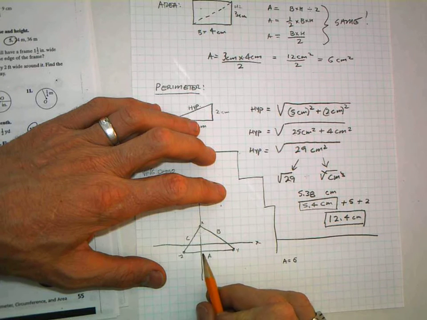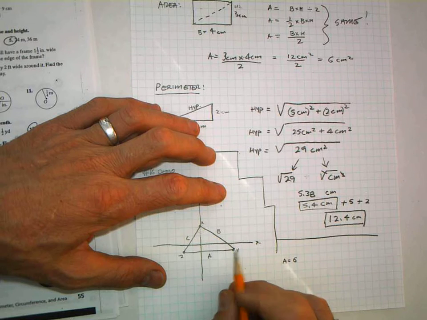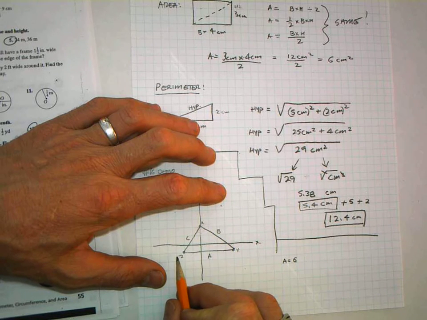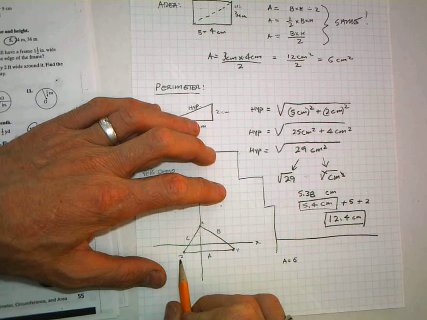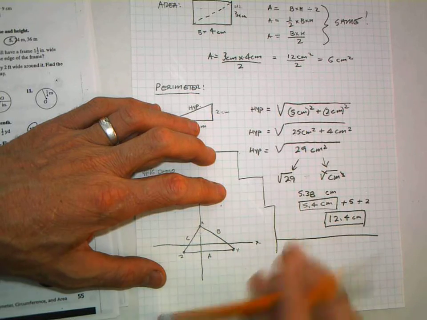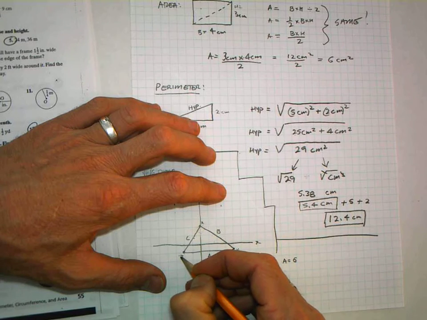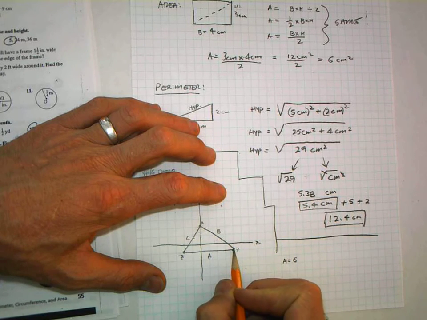Now, is there another way we could do that? Yes, there is. You could say that A is y minus z. So what does that do? Well, what that says is, here we have z and y.